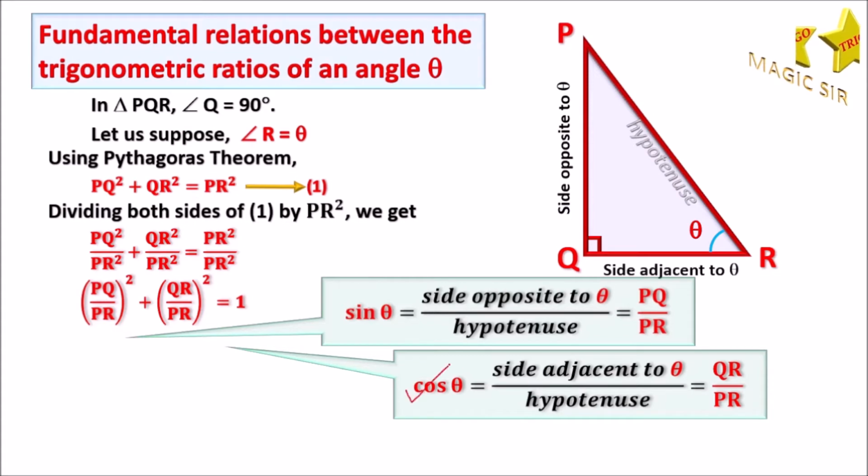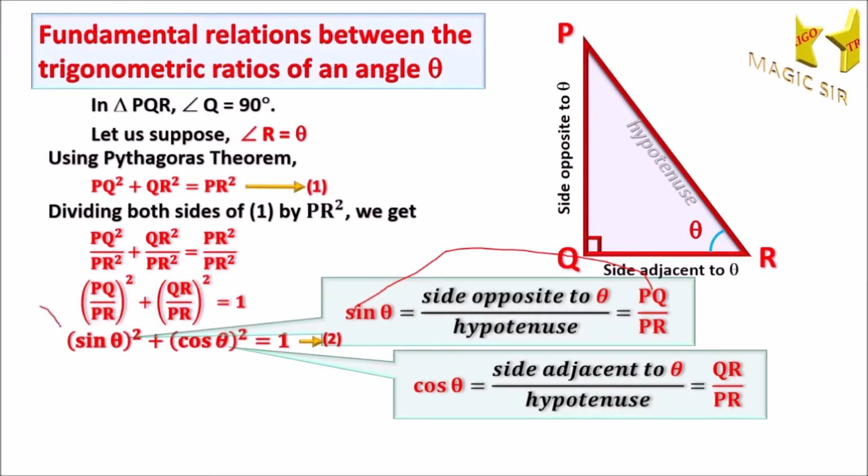Similarly, by definition of cosine, cos theta equal to side adjacent to angle theta upon hypotenuse, where side adjacent to angle theta equal to QR and hypotenuse is PR. So cos theta equal to QR upon PR. So we can write PQ upon PR is equal to sin theta and QR upon PR is equal to cos theta.